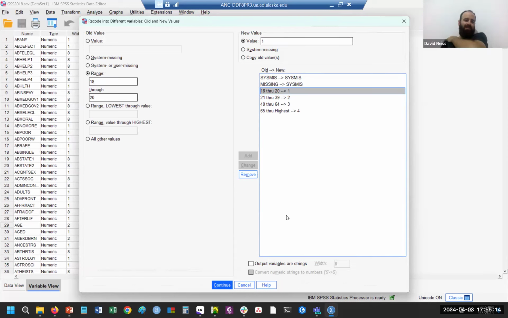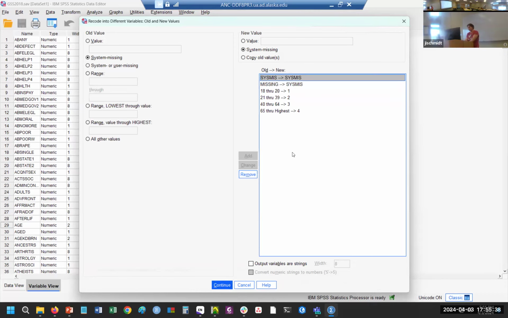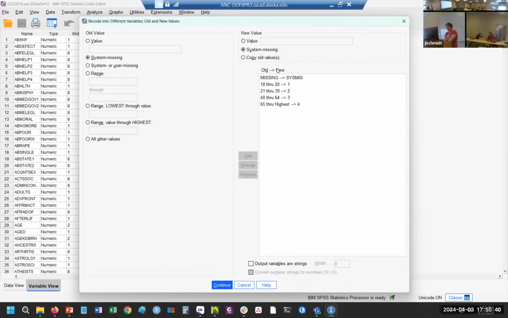So hypothetically, let's say I recoded the ages and forgot to include missing values. Can I add a category to the thing that I already recoded, or do I need to go and delete it and then do the recode again? That would be interesting. I'll try it on my database and let's see what happens.